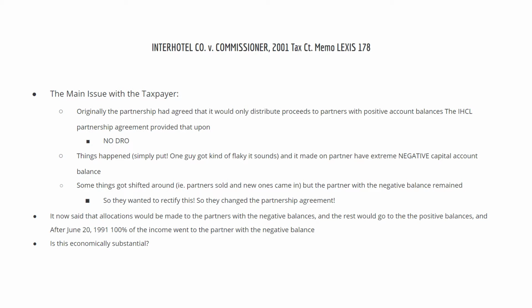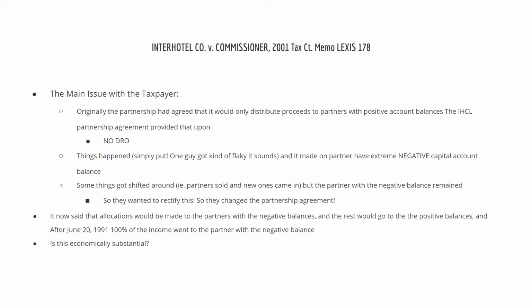We're going to break it down really simple and not put too many numbers to it. But originally, the partnership had agreed to distribute proceeds and allocations to partners with only positive capital account balances. And so there was no DRO, and they just said only people with the positive balances will get anything.